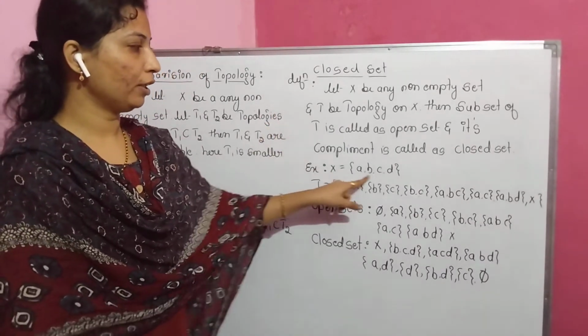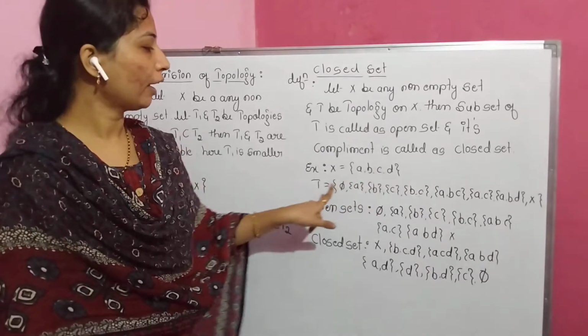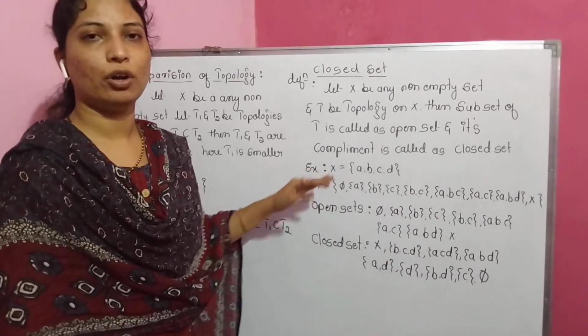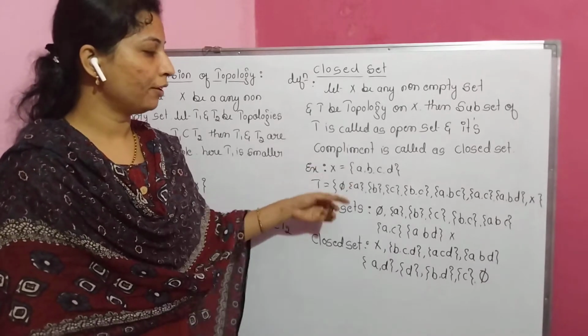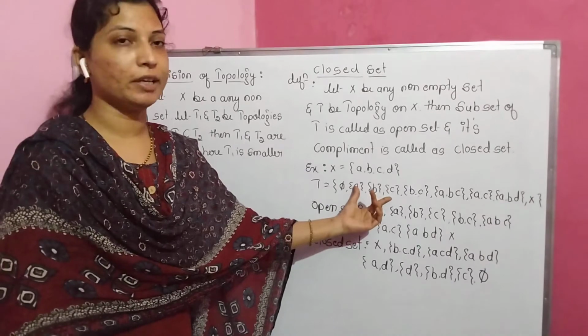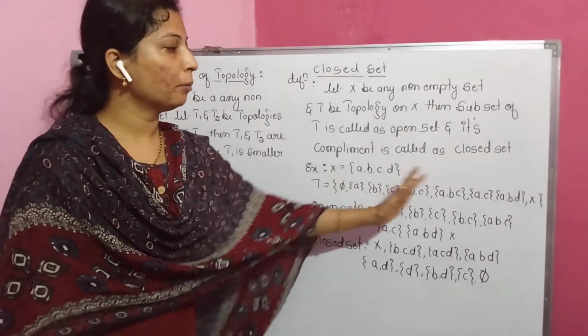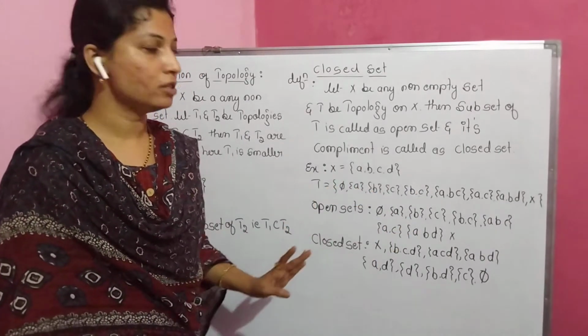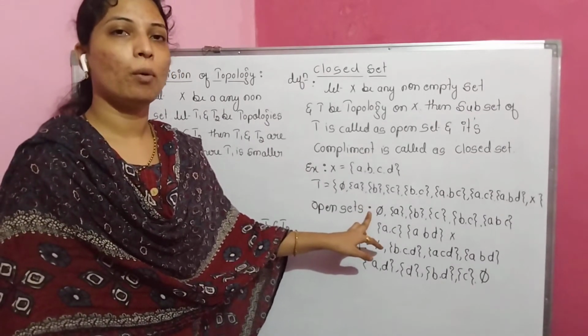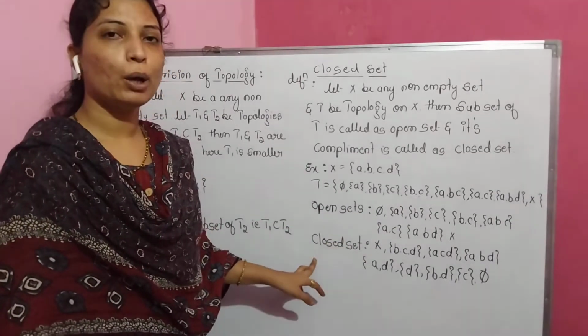First, they are given a non-empty set X and T. Here we have to check whether this T is a topology on X or not. If it is a topology on X, then we consider the subsets in T as open sets. All the members of T can be considered as open sets, and each member's complement is called a closed set.